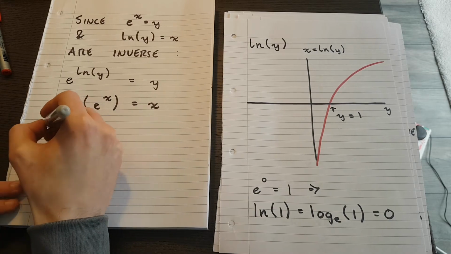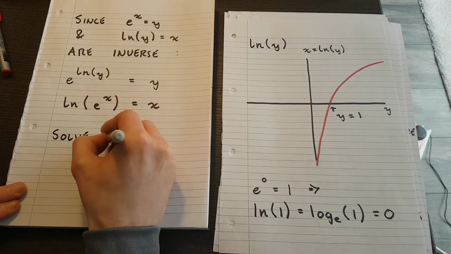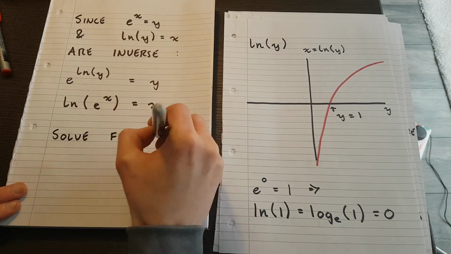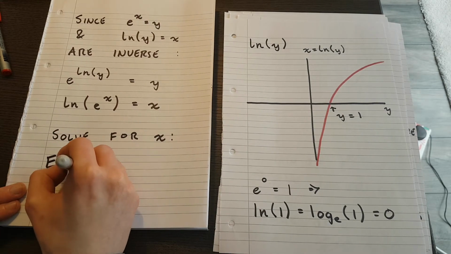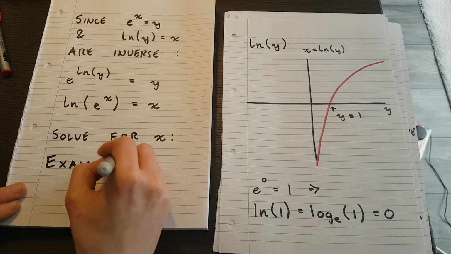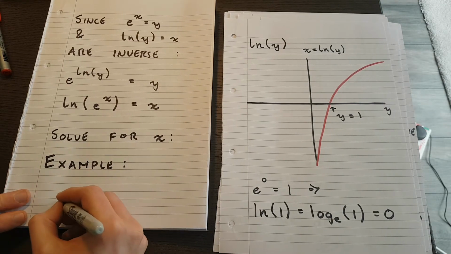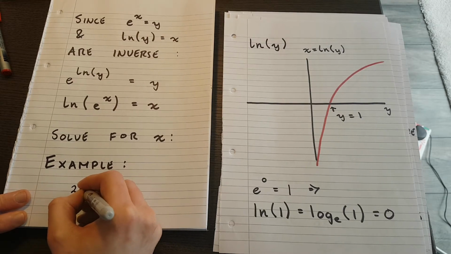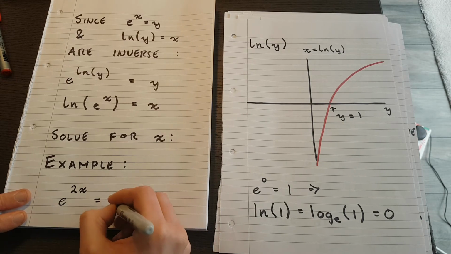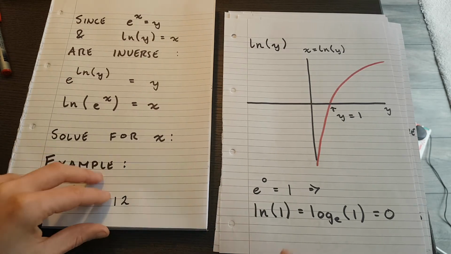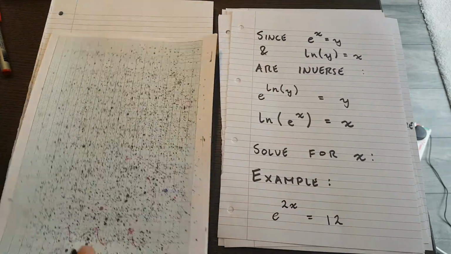Say for example I wanted to solve for x, and we'll do an example here. Real simple one, okay? We're going to have e to the 2 times x is equal to, pick a number, I'll pick 12. e to the 2x is equal to 12.